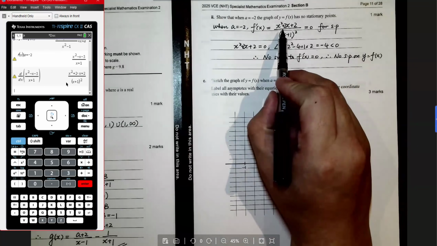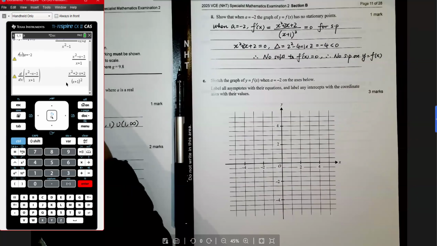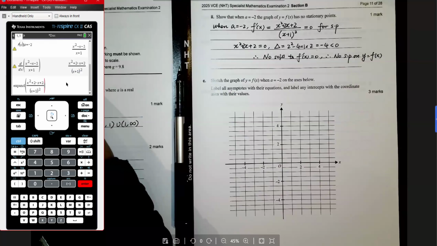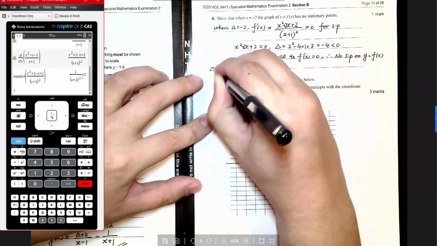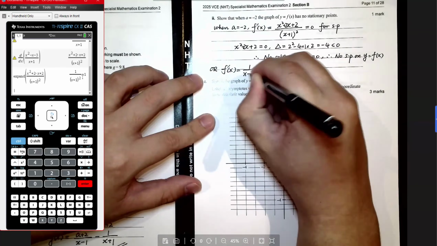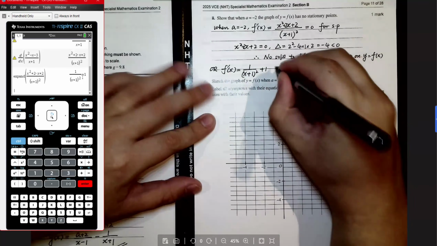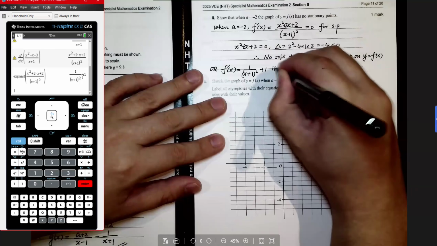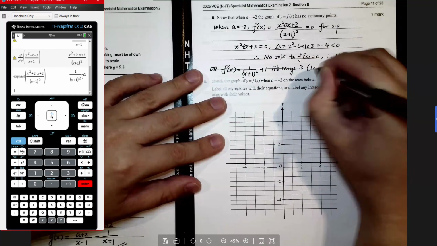You could also argue, let's say, this is the derivative and its range is 1 to infinity.